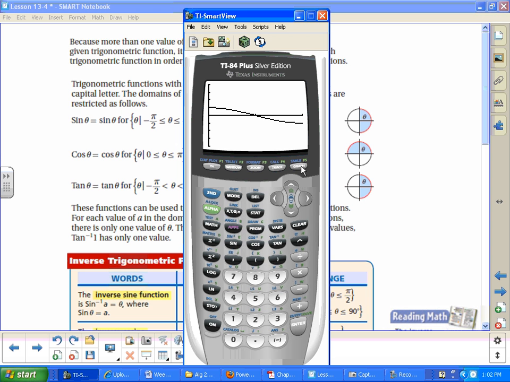Look at your unit circle. What's the largest number that you can get for sine? Remember, sine is y, right? What's the largest y value on that unit circle? What's the highest point on that unit circle? 1. The biggest sine can be is 1.